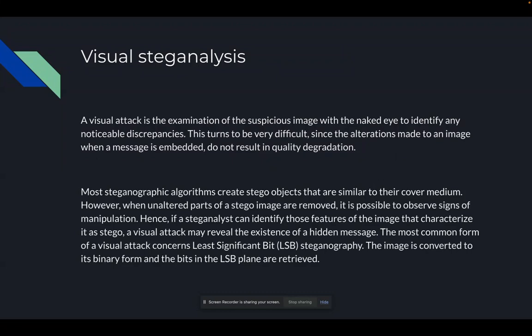Most steganographic algorithms create stego objects that are similar to the cover medium. However, when unaltered parts of the stego image are removed, it is possible to observe signs of manipulation. Hence, if a steganalyst can identify those features of the image that characterize it as a stego, a visual attack may reveal the existence of a hidden message.